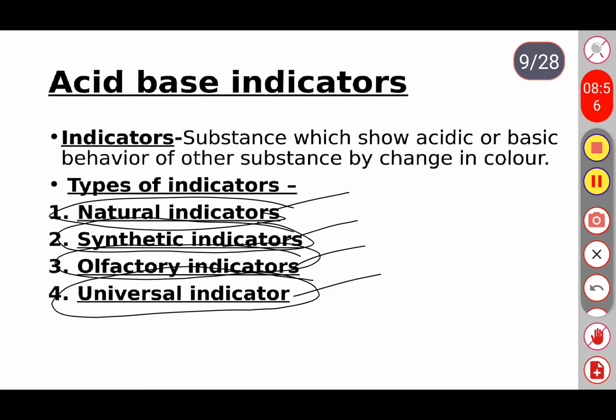These are some of the types of indicators we are going to use to identify whether a solution is acidic or basic. Let's see them one by one.